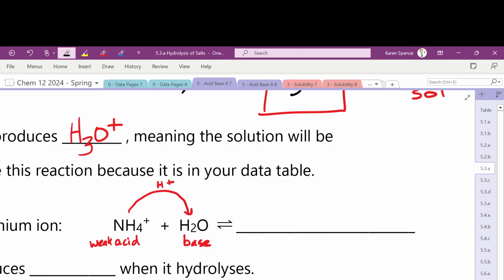NH4 is a weak acid. You'll find it on the weak acid side of the table. So it is the proton donor. That makes water the proton acceptor, the base.